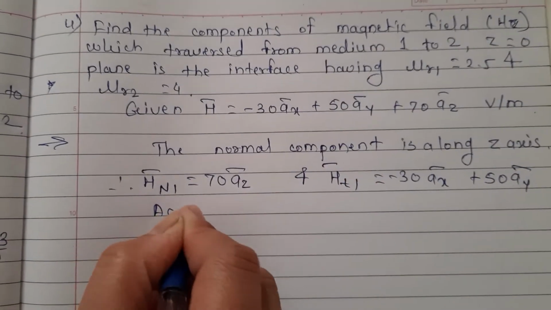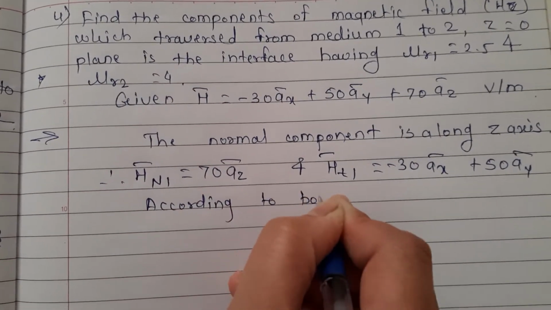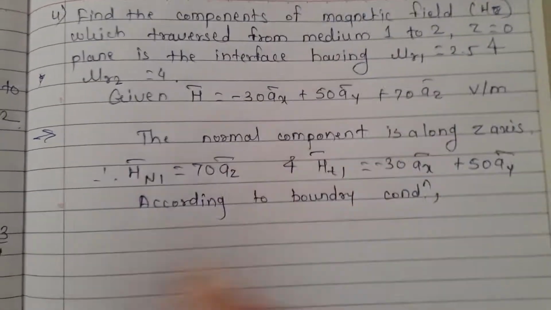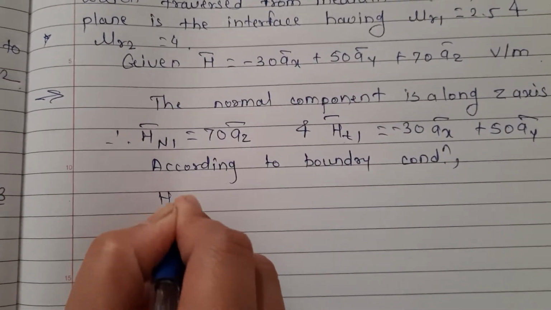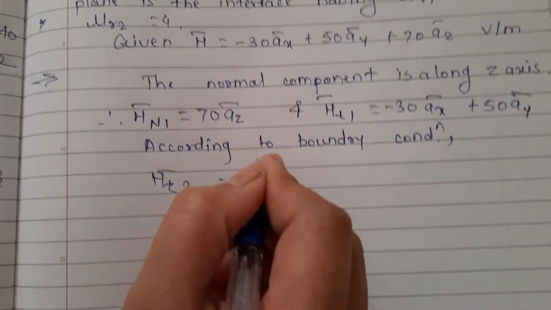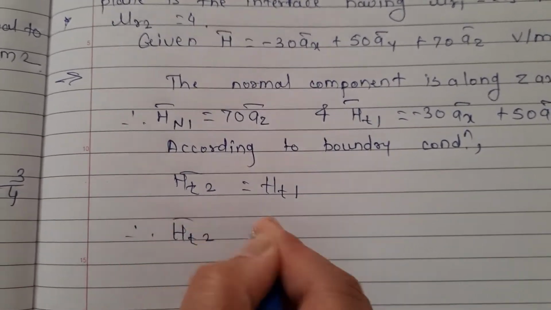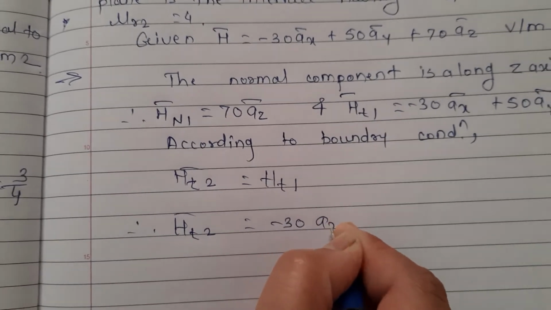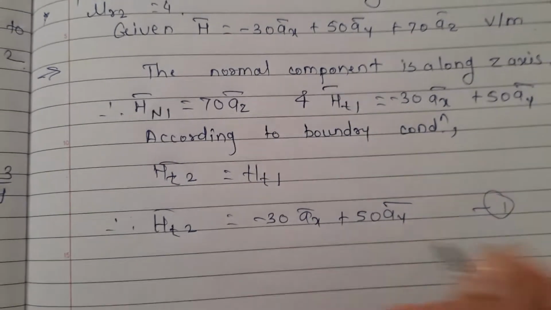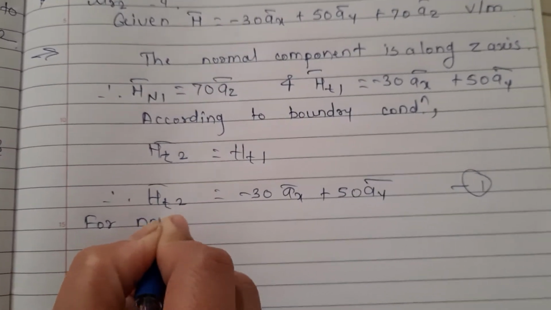Now according to the boundary condition, we can write Ht2 bar is equal to Ht1 bar. So Ht2 bar is equal to minus 30 aX bar plus 50 aY bar. This is equation 1.